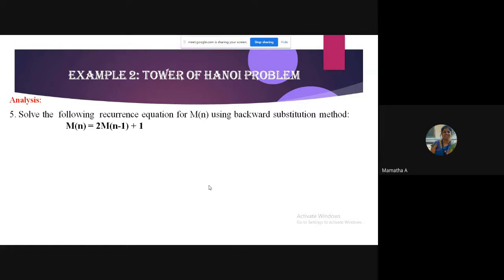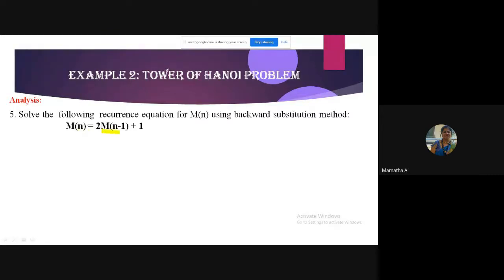In the backward substitution method, I should substitute n minus 1 in place of n.